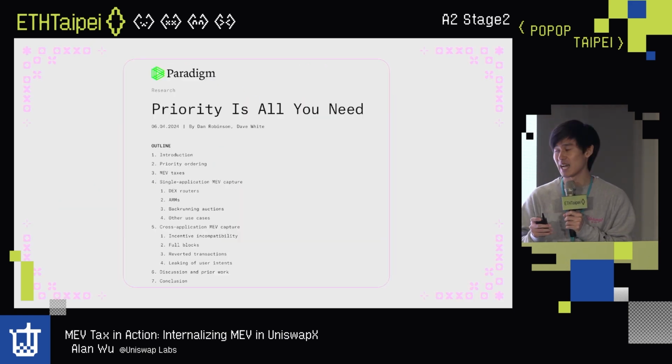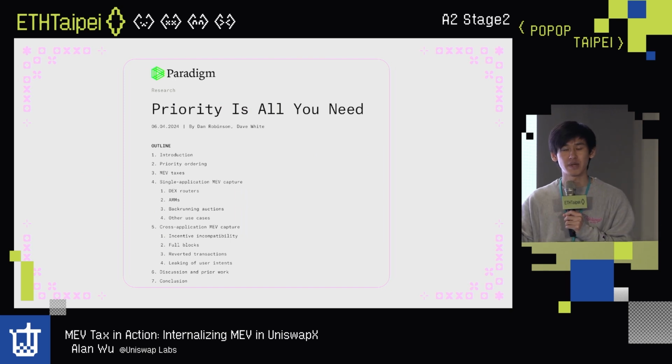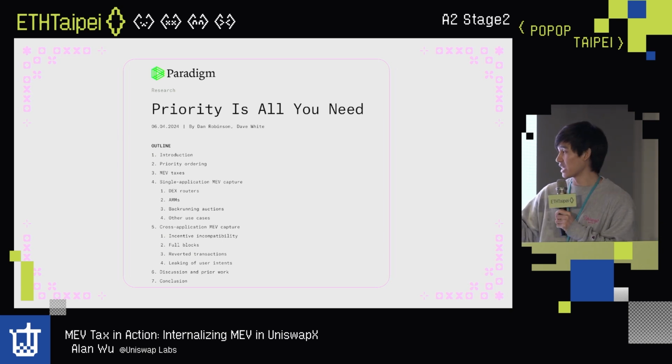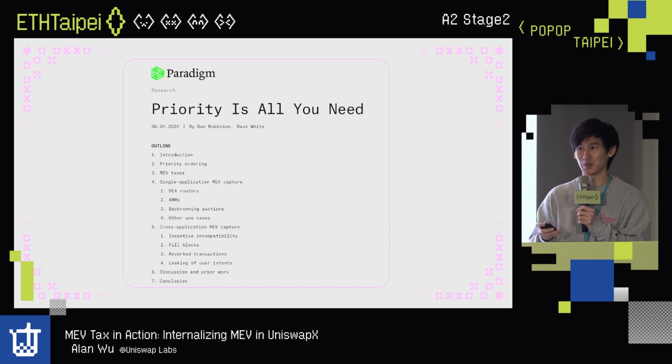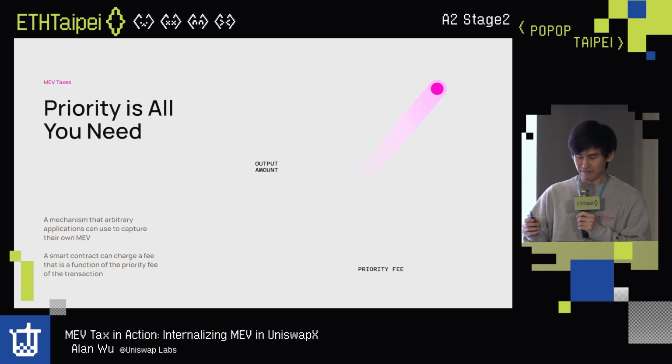Now let's get into the MEV tax. We originally got this idea from Dan and Dave from Paradigm when they released this paper called Priority is All You Need. And you might be able to guess that priority is referring to the chain doing priority ordering. They define MEV taxes as a mechanism that arbitrary applications can use to capture their own MEV.